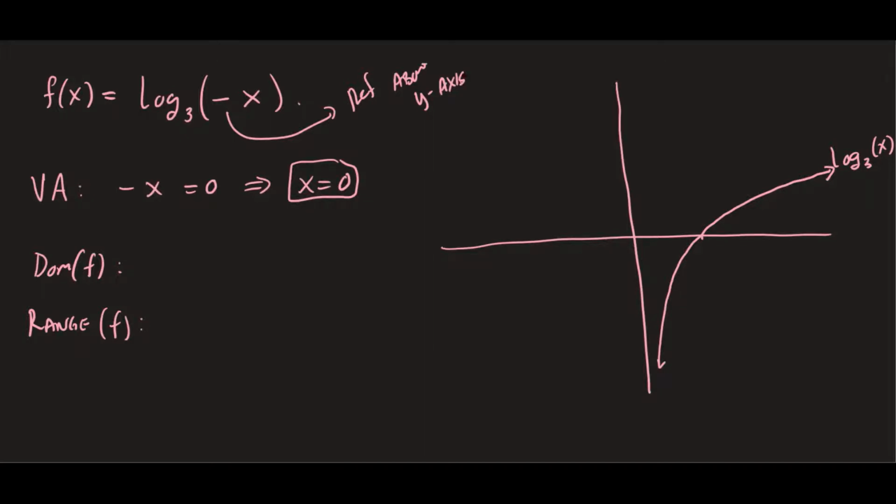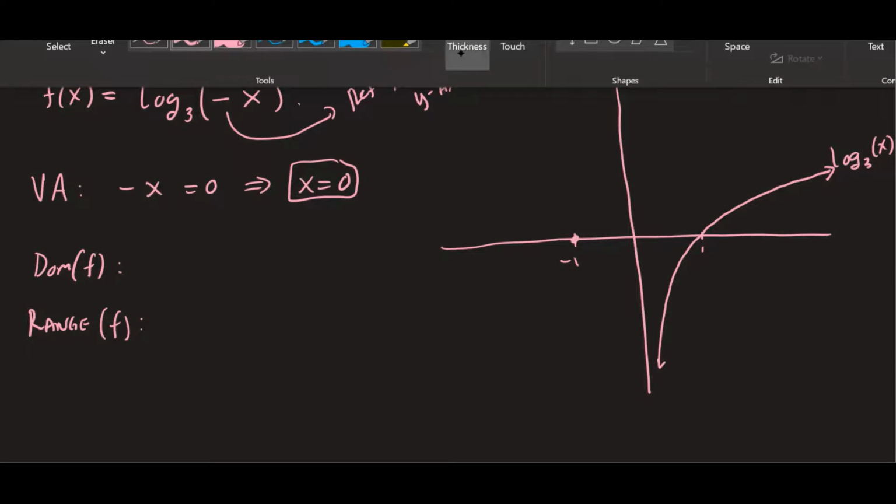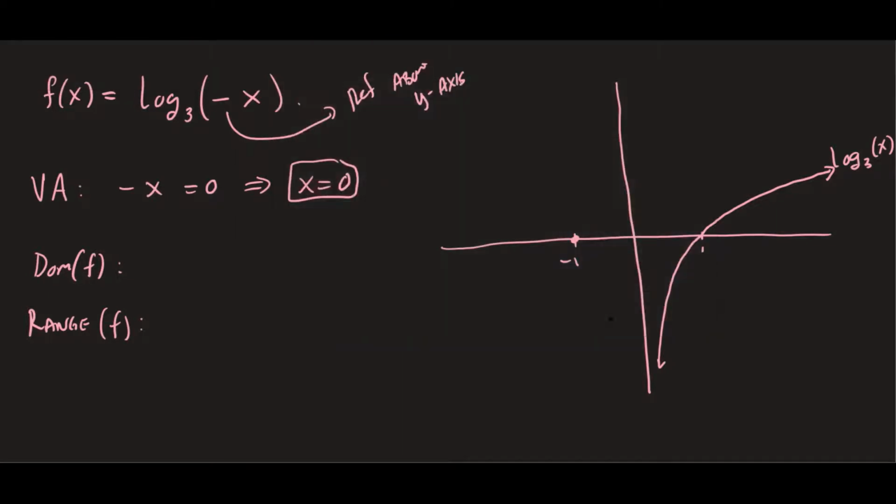If I take one point that's on the graph, let's say (1, 0), it's going to reflect, and it becomes (-1, 0), and then it just maintains the same shape, but facing the other direction. It looks something like this. That will be the graph of log base 3 of negative x.